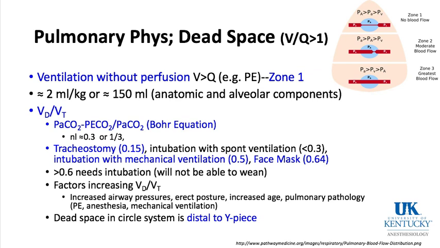Now, if you put a humidivent between the Y piece and the patient, that is adding dead space. And I've actually had pediatric cases, neonatal cases, where I had to remove the humidivent because it added enough dead space that I could not keep the carbon dioxide down in the patient.